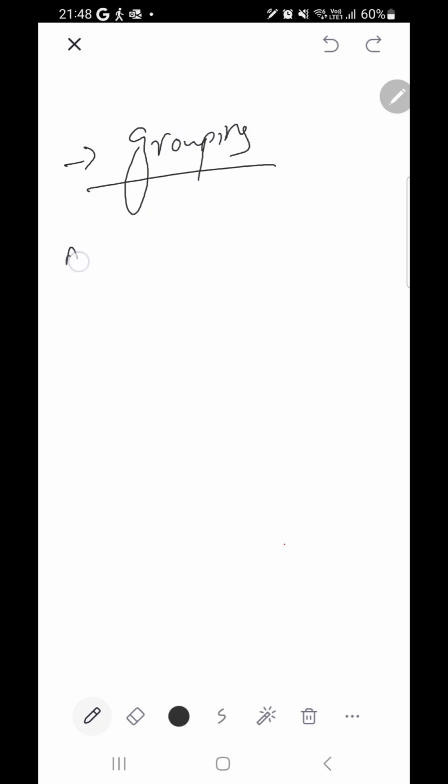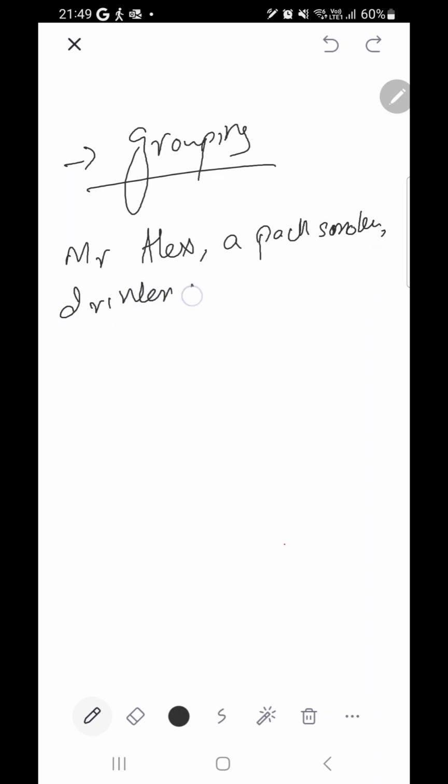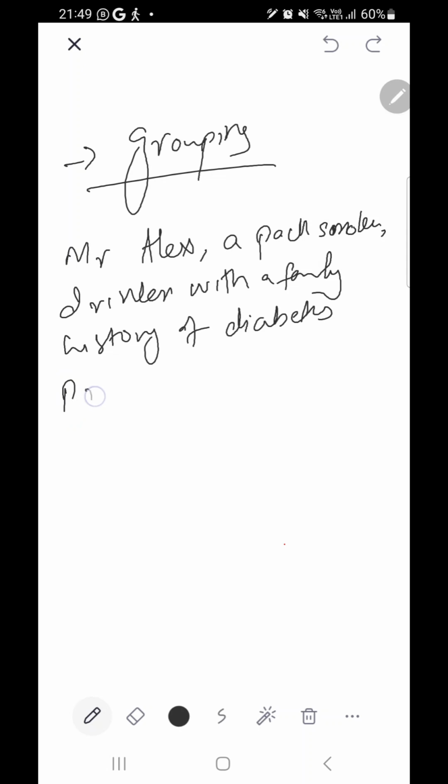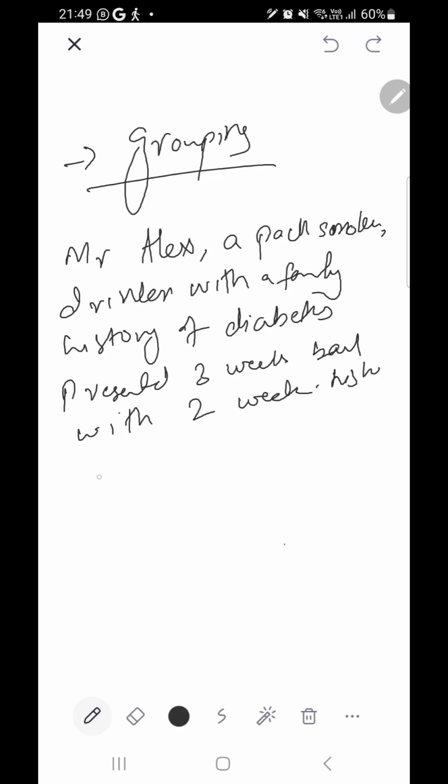What I mean by that, let's say Mr. Alex, a pack smoker, drinker, with a family history of diabetes, presented 3 weeks back with 2 weeks history of lethargy.